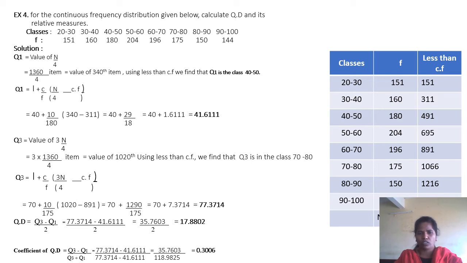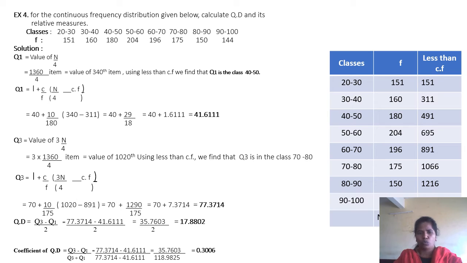It is 1360, divided by 4, so it becomes the 340th item. Using less than CF, we find that Q1 lies in the class where 340 falls, inside 491. So the class is 40 to 50.